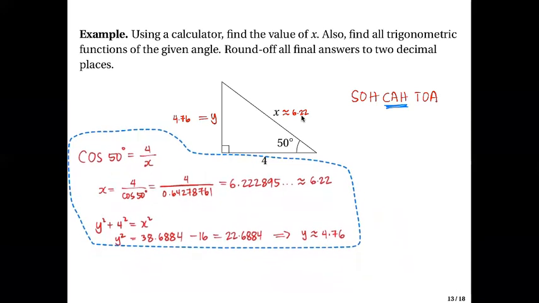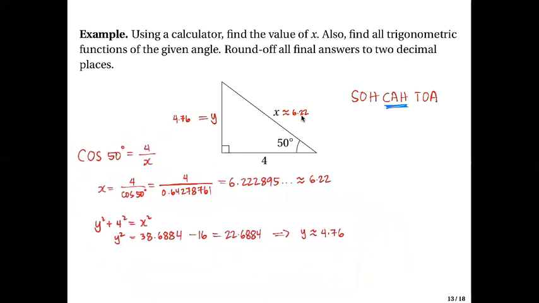So first, cosine 50 degrees. This is your 4 over x, that's 6.22.